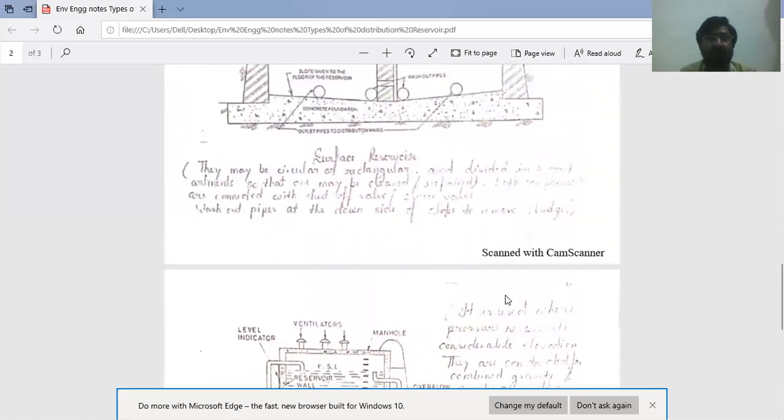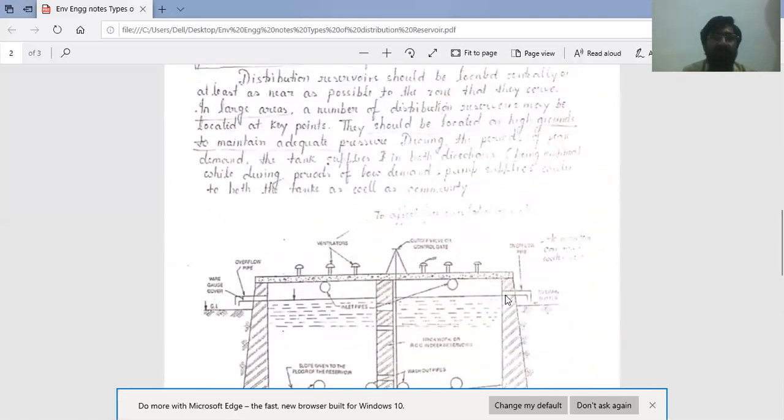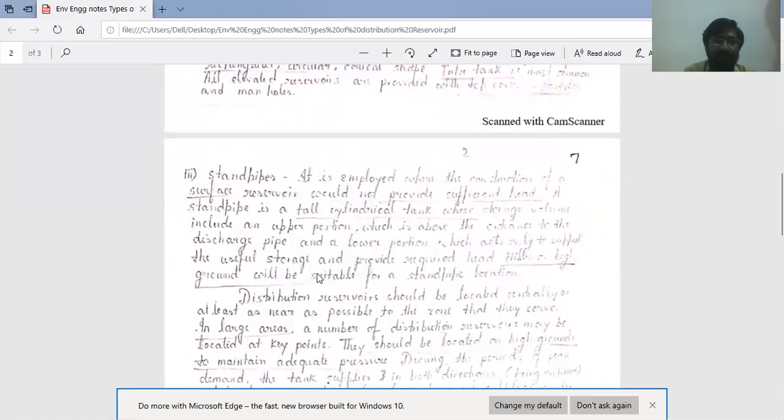And third type of storage reservoir is standpipe. It is employed where the construction of a surface reservoir would not provide sufficient head, where high head is required. Then a standpipe is constructed.